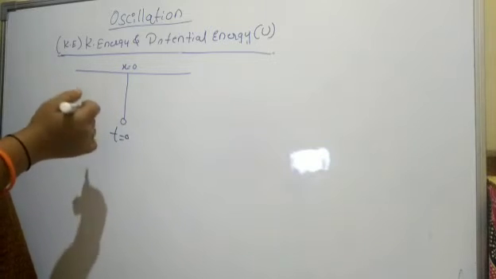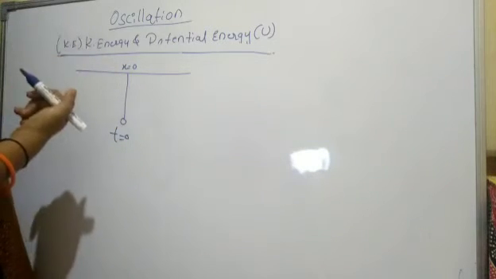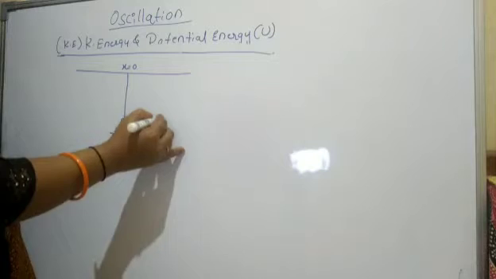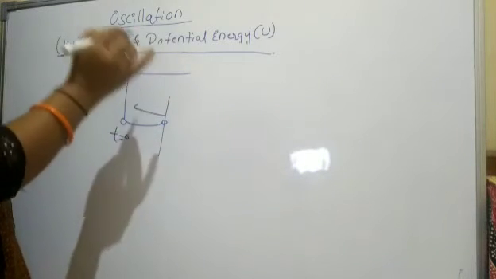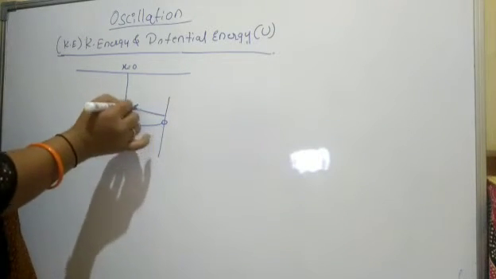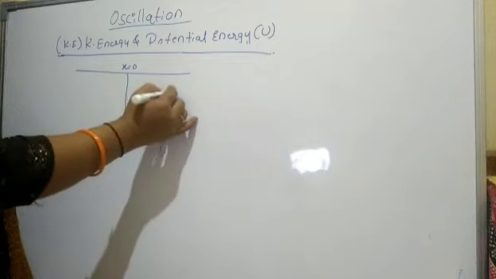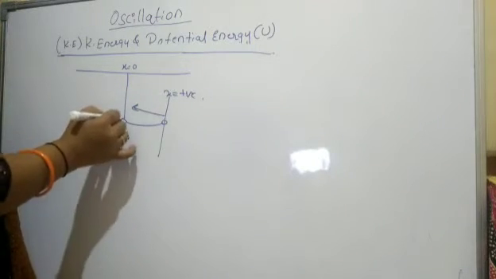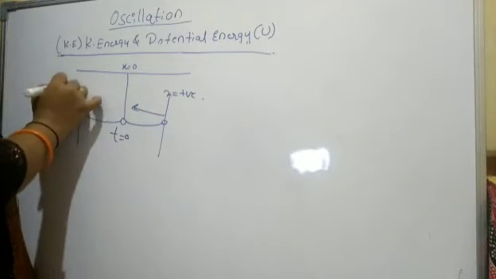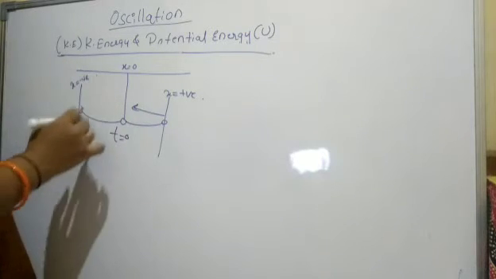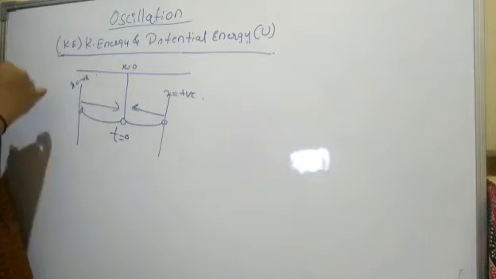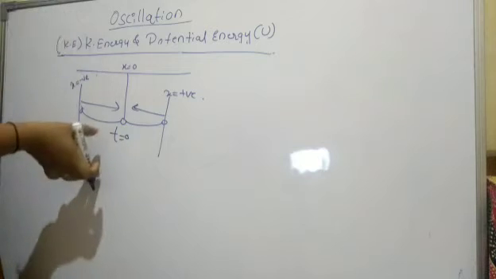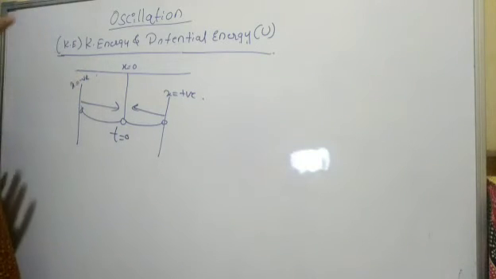Now if the particle is performing simple harmonic motion, it is acted upon and moves towards the mean position, wherever it is, whether at a positive extreme position or a negative extreme position, right? It tries to move towards the mean position only. This is the first task in simple harmonic motion.